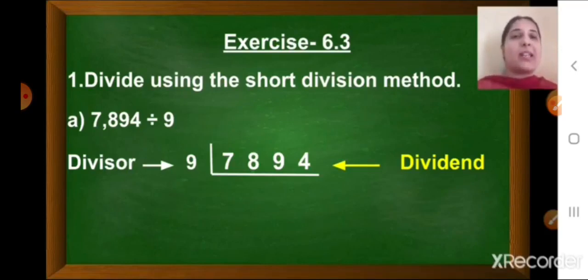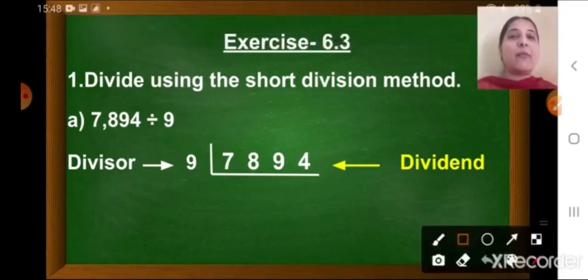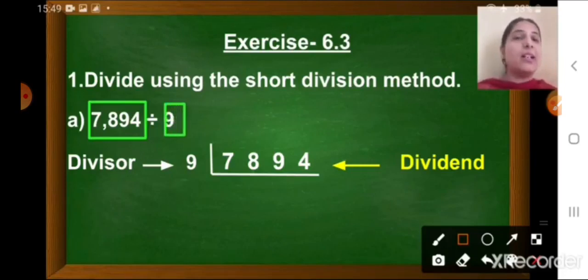So question number A is divide 7894 by 9, or 7894 divided by 9. So what is 7894 here, children? Yes, that is our dividend, the number to be divided. And what is 9 here? 9 here is the divisor, the number by which we are going to divide.